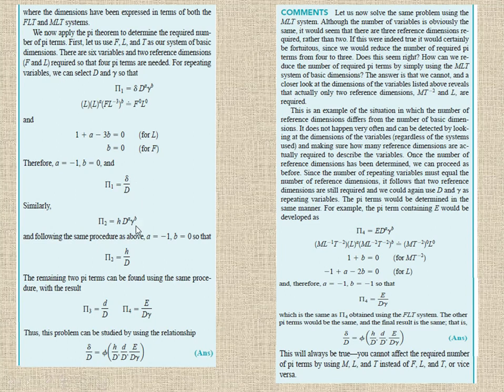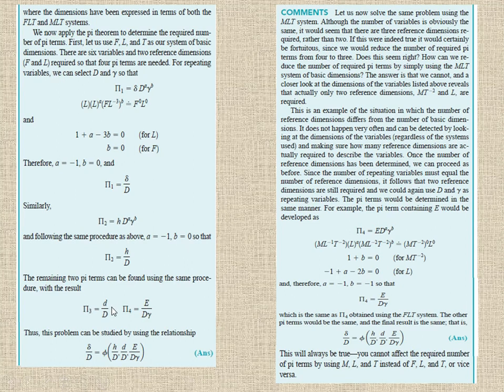Now the repeating variables are multiplied with another non-repeating variable, that is h. Again we found the values of a and b. We replace all these variables with the basic dimensions, and we got the second pi term equal to h over d. In the same way, we solve the repeating variables with the third non-repeating variable and the fourth non-repeating variable, solve their exponent powers, and get the final pi term values.